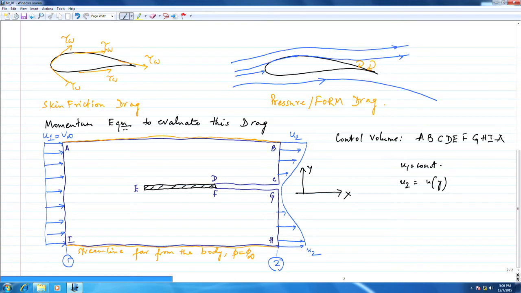Now, what is interesting is the way we would like to calculate drag: we look at surface forces on the control volume, because our purpose here is to evaluate drag.